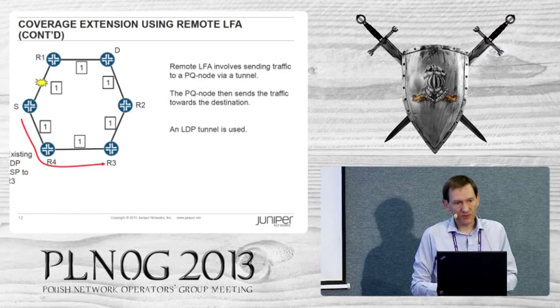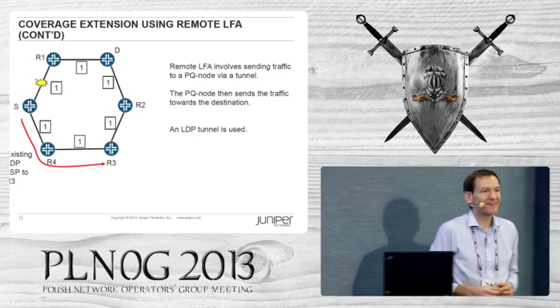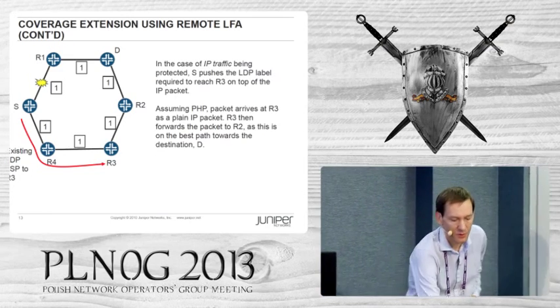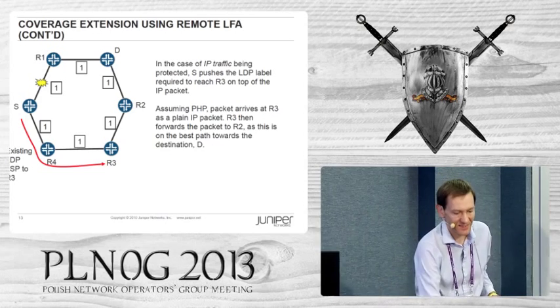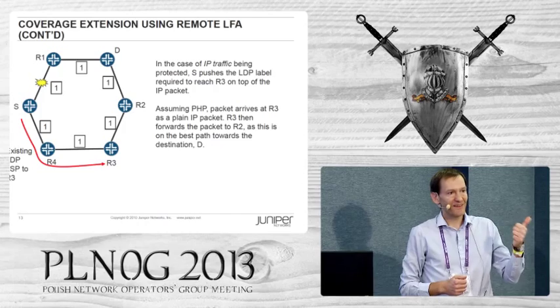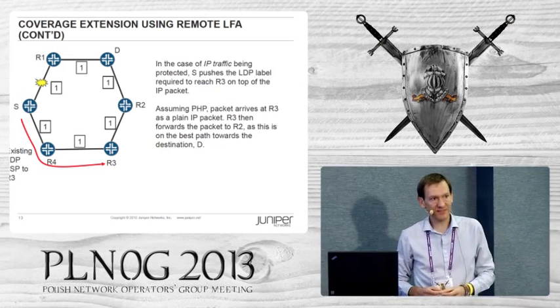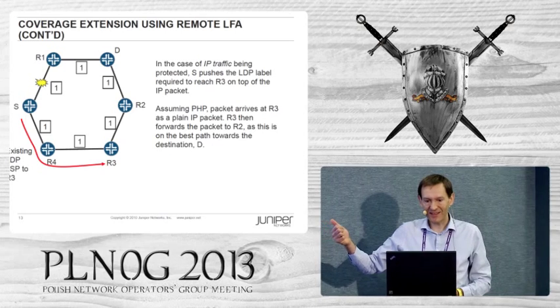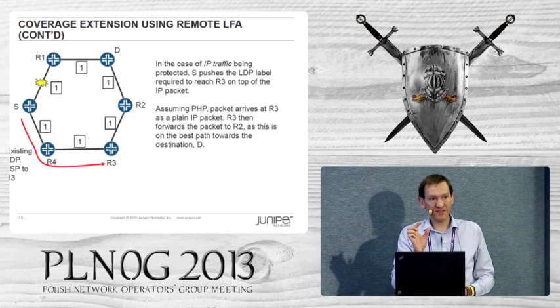Now in the case of IP traffic being protected, I can see a question? Yes, I'll come back to that in a second. So there's two cases, IP packet being protected and LDP packet being protected. Let's assume it's a plain IP packet that's being protected.